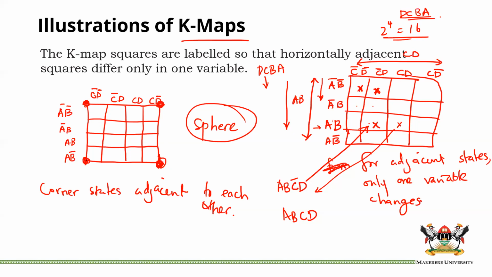If you look at this point and that point, this point here on this side is A inverse, B inverse, whereas at this point, in fact, we can even look at this state. This state here is A inverse, B inverse, C inverse, D inverse. Okay, so you can see this corresponds to that column and that row. This state here is actually A, B inverse, C inverse, D inverse.